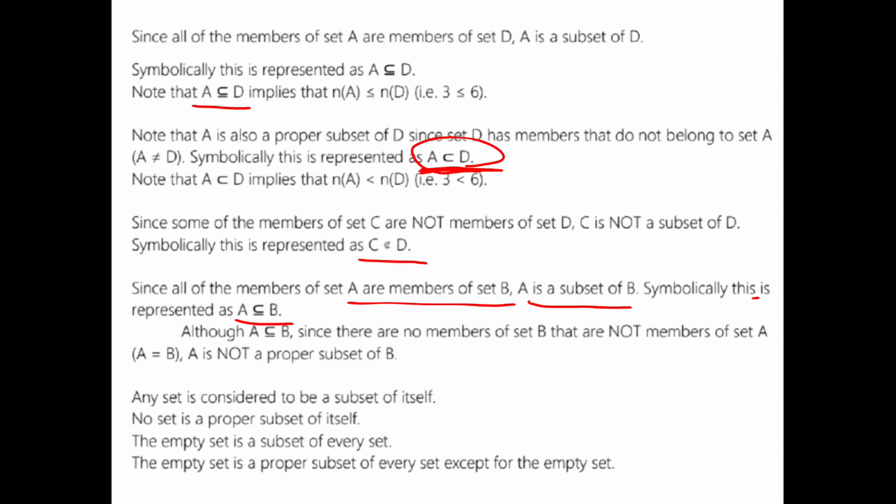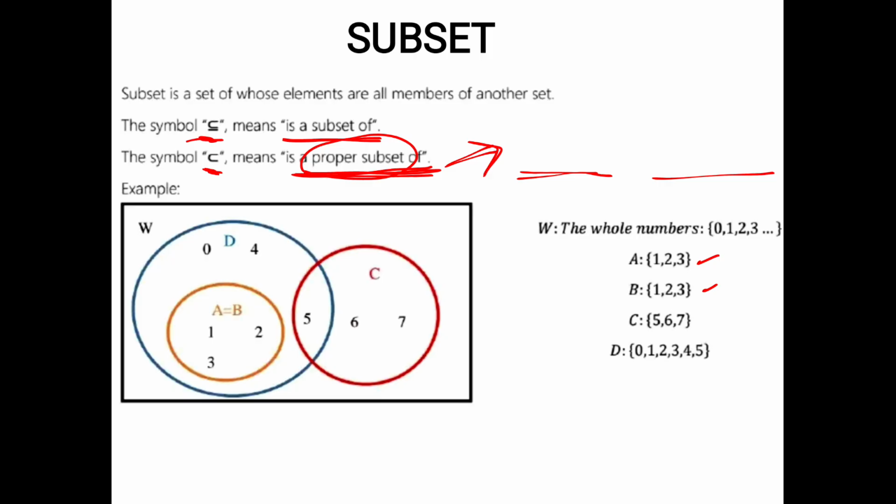So, although A is a subset of B, since there are no members of set B that are not members of set A, A is not a proper subset of B. Makita na to because same lang ang ilaha value, tapos waray pagayod lain nga yakasagol na other values.